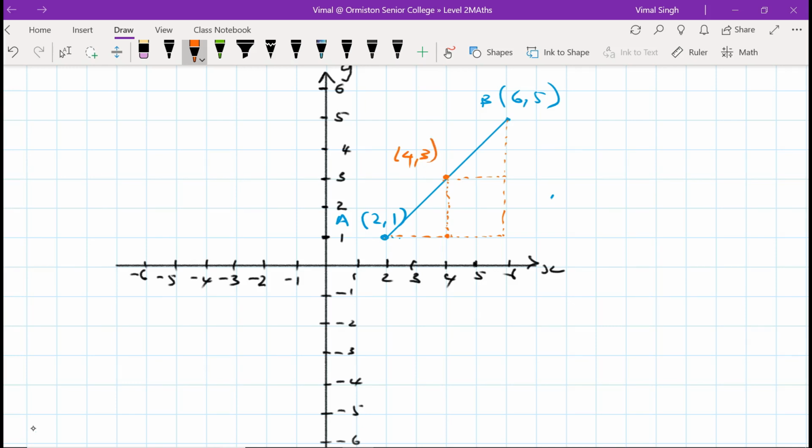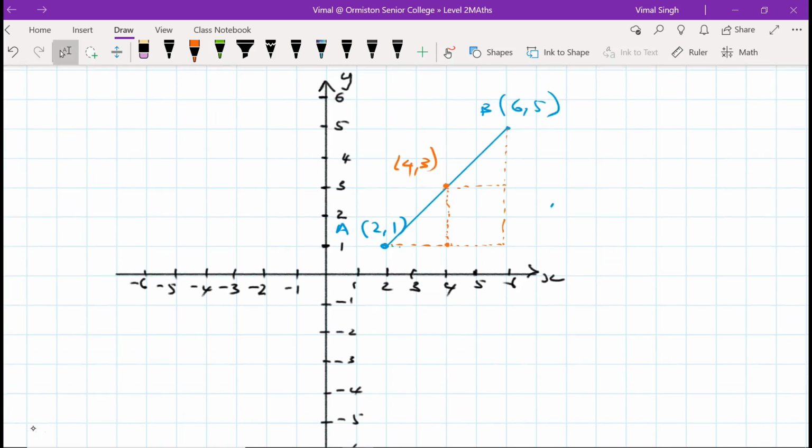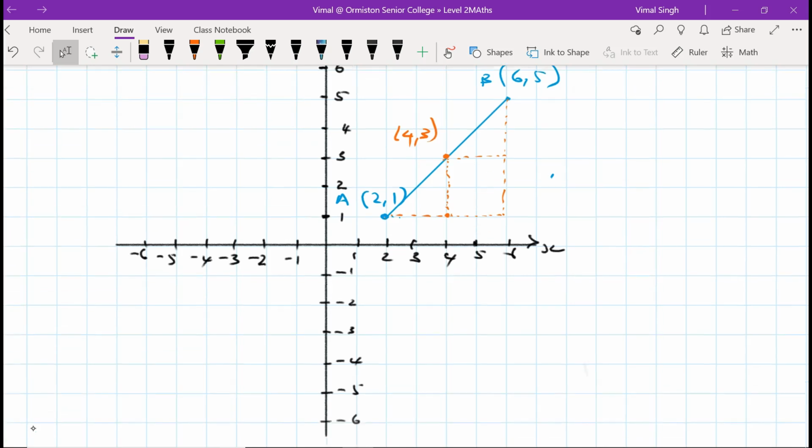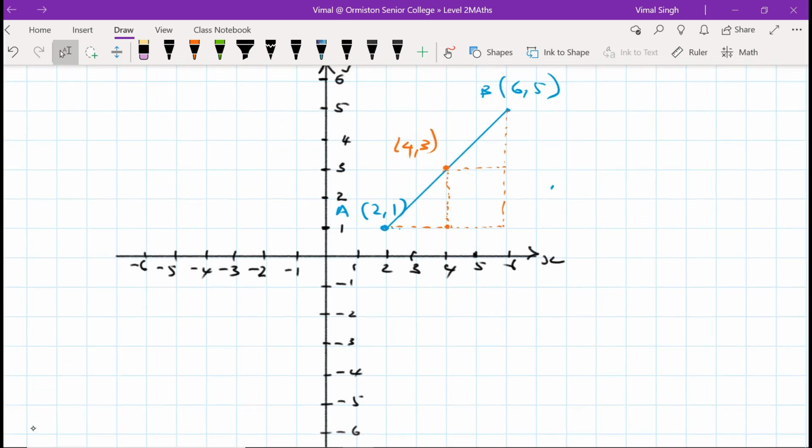But most of the time the diagram won't be given to you. You will just be given the coordinates, and you'll be asked to work out the midpoint. So what I have done to find the midpoint is take the x values 6 and 2, 6 plus 2, and then find the halfway mark between those two values.